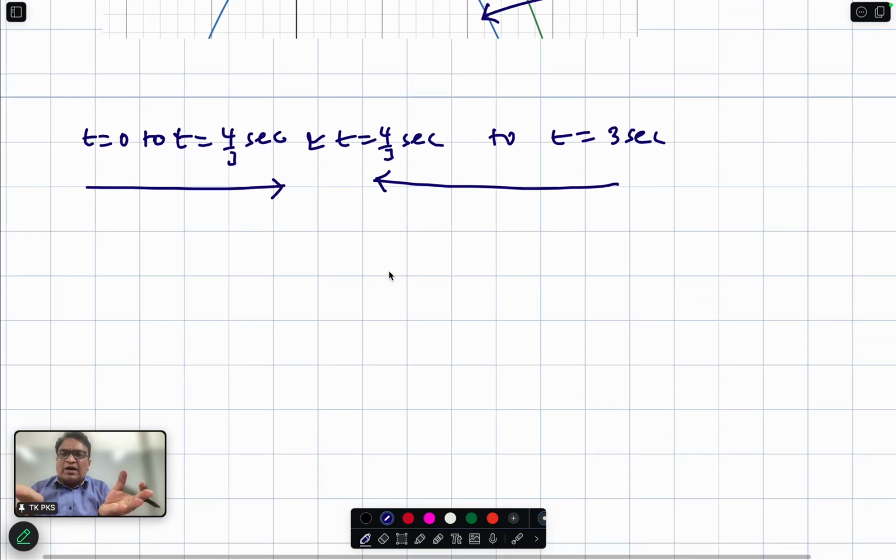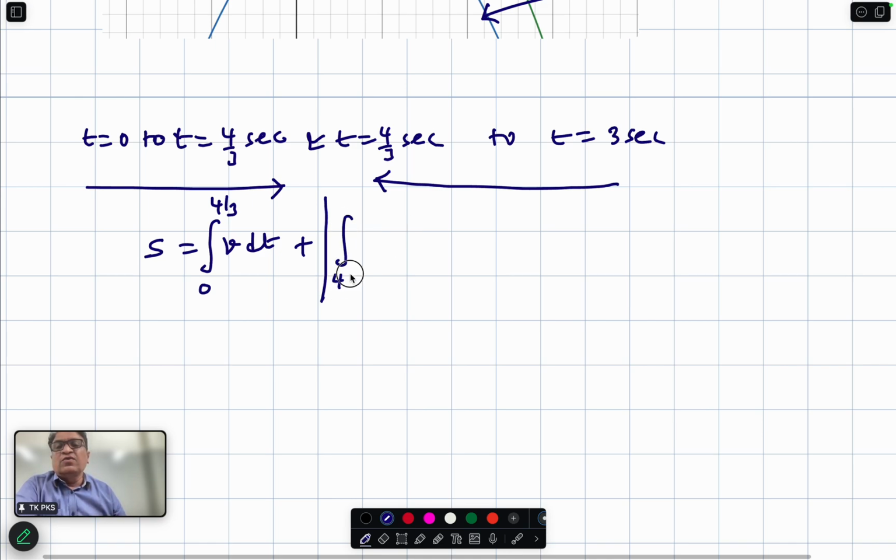Sir, what do you want to convey? I want to convey this. Distance is integral v dt from 0 to 4/3 plus modulus of integral 4/3 to 3 v dt.